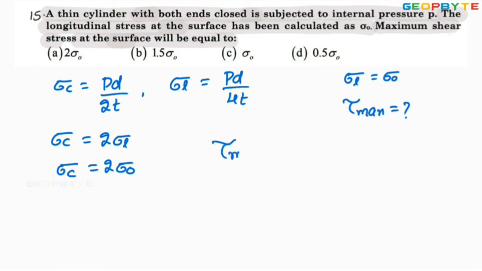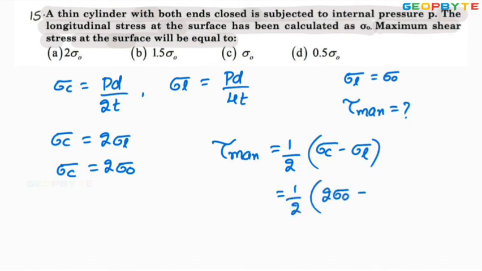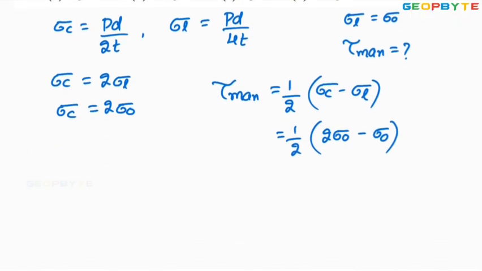Maximum shear stress tau max equals half into sigma c minus sigma L. Half into sigma c is 2 sigma naught minus sigma L equal to sigma naught. So it is equal to sigma naught by 2. This is the maximum shear stress.